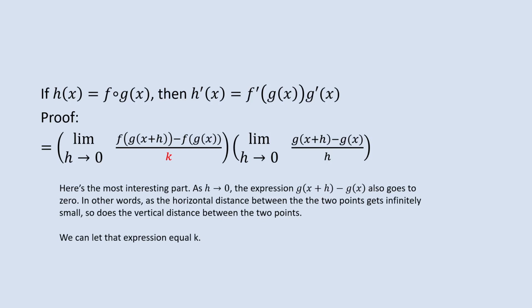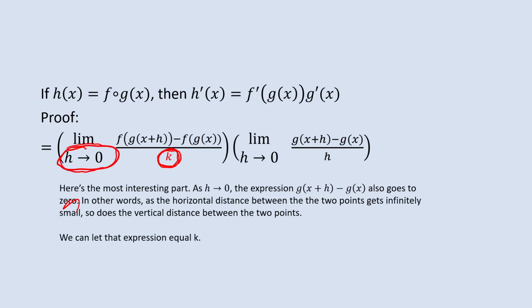Now what's going to happen next is we're going to say that as h is getting infinitely small, for the reasons we discussed earlier, so is the vertical distance between the 2 points. In other words, so is k. And as k is getting infinitely small, so is h.